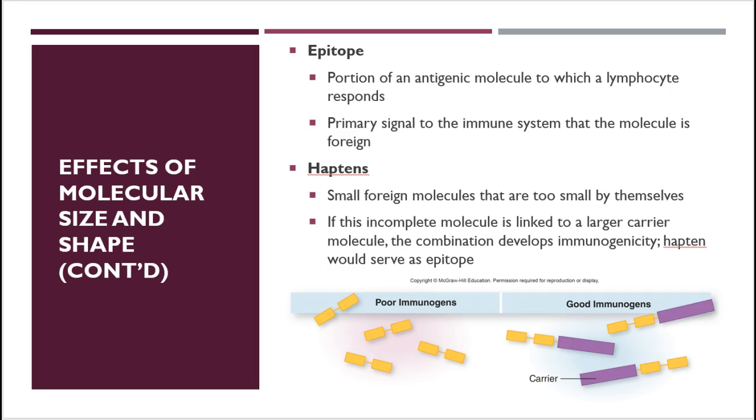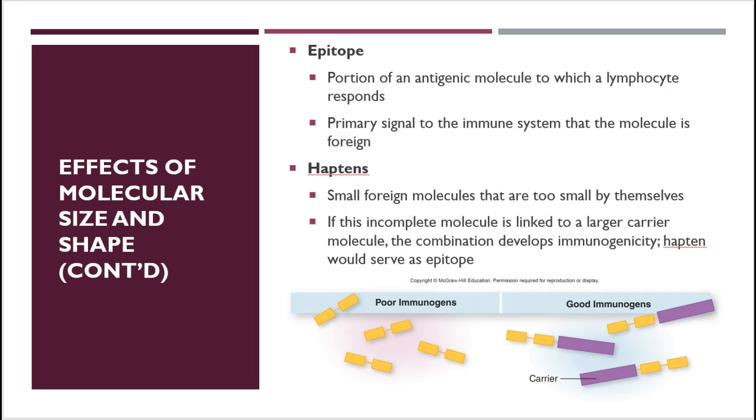We've already discussed epitope in previous sections. The epitope is the part of the antigenic molecule that is recognized by the lymphocyte, and it's the primary signal to the immune system that this object or structure is foreign.